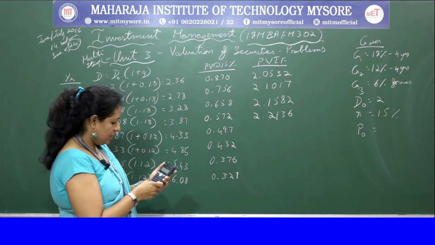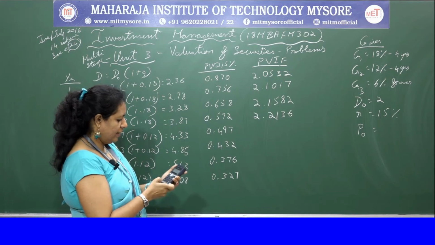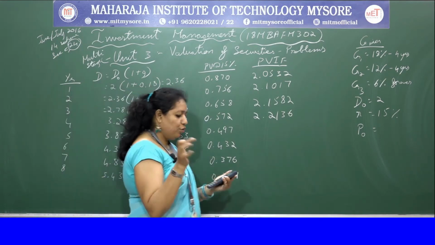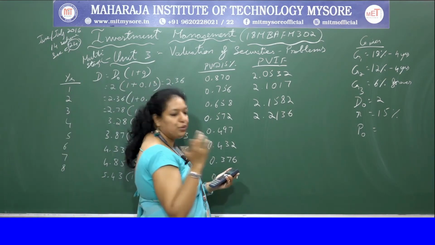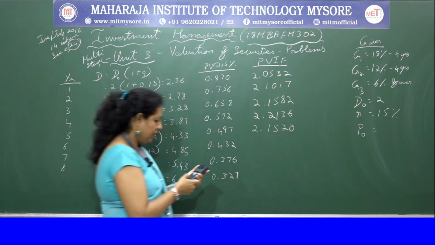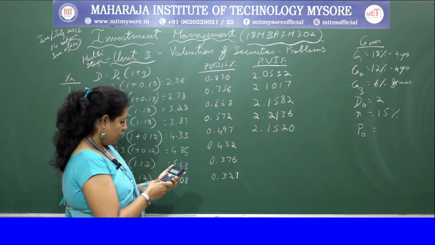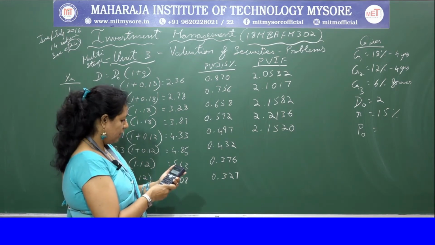Okay, next is 4.33 into 0.497, you have to multiply, 2.1520. And then 4.85 into 0.432, 2.0952.